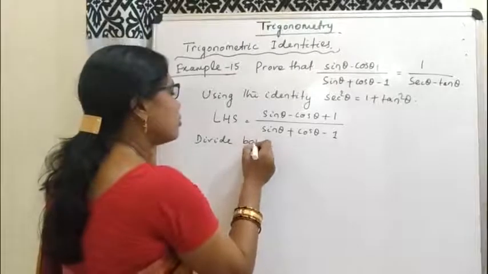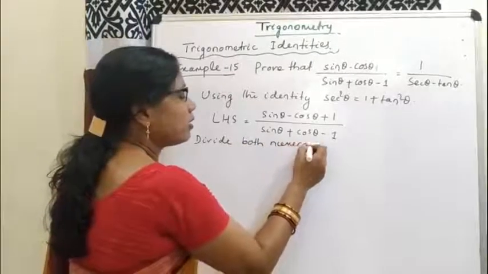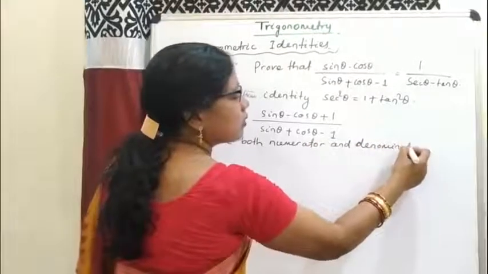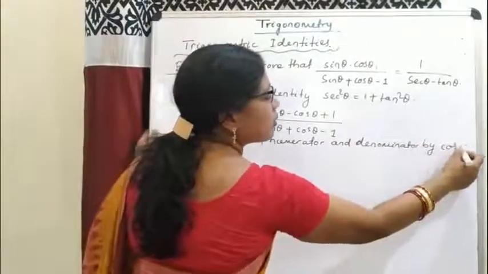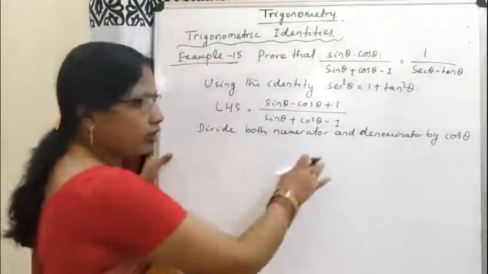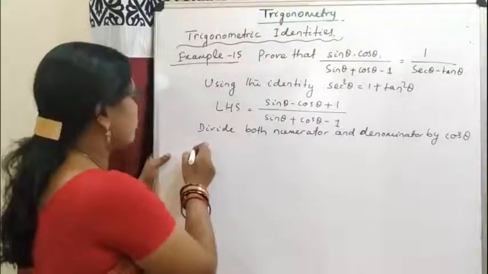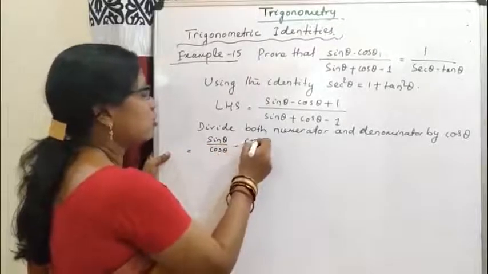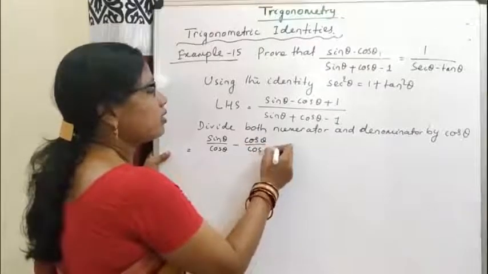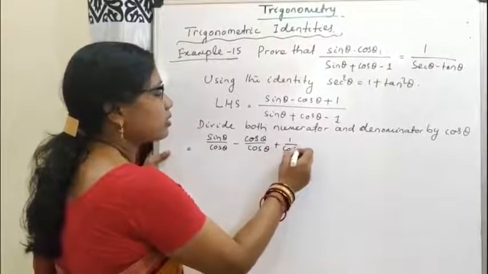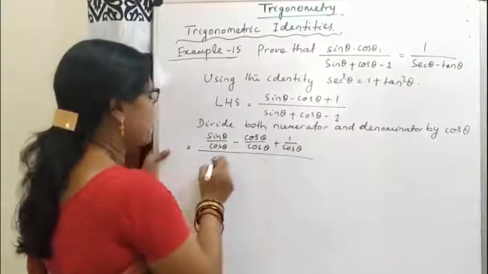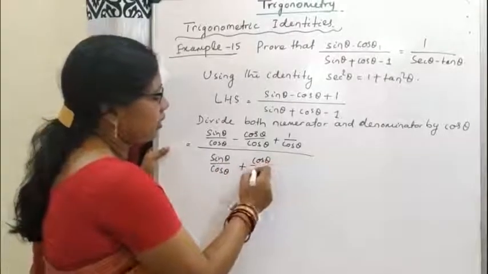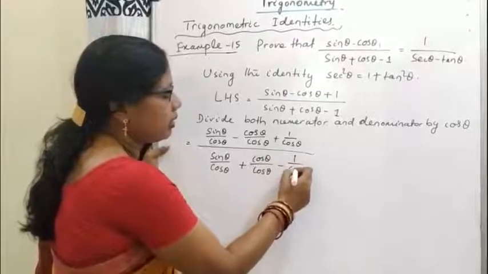So we get sin theta by cos theta minus cos theta by cos theta plus 1 by cos theta, divided by sin theta by cos theta plus cos theta by cos theta minus 1 by cos theta.